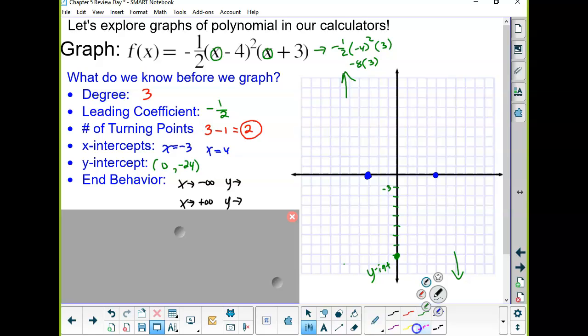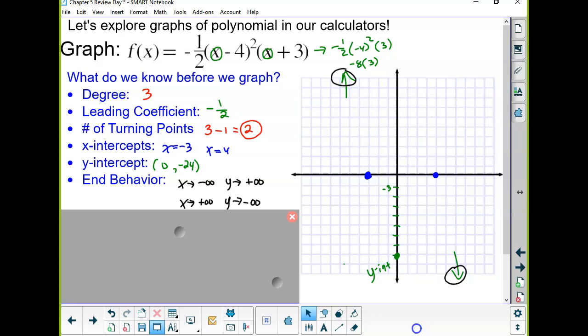So if x goes to the negative infinity, I'll move to the far left. That's where my graph is headed up. So we would write positive infinity. As x goes to the far right, we're headed towards negative infinity in the y value, because that's where we go down. So all of that without even touching our calculator right now.